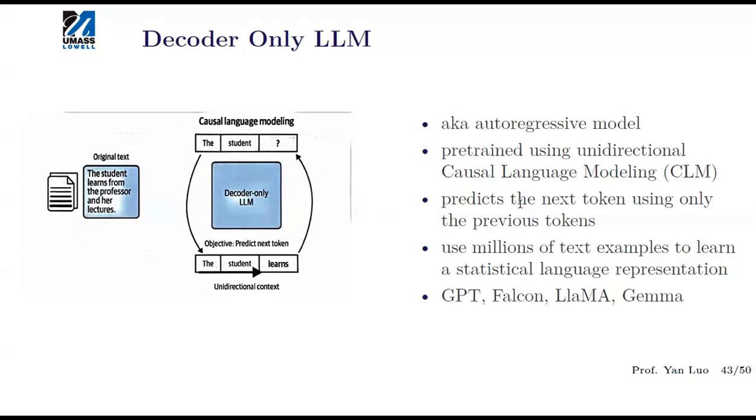It takes the input, looking from one direction up to k tokens, then predicts the next token. These types of models use millions of text samples to learn the statistical language representation. And so most of the popular LLMs are this type of decoder-only LLM.